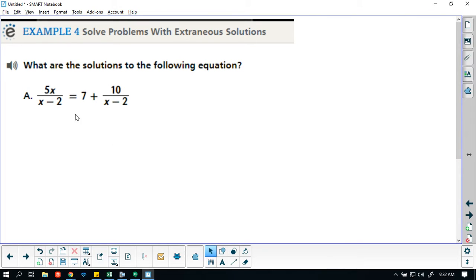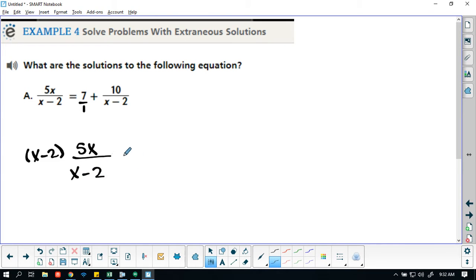So looking at my denominator, I have the same denominator on these two rational expressions, and the denominator in this one expression is 1. So I'm going to multiply that common denominator across the board, just like we did in the last example. 7 times x minus 2 plus 10 over x minus 2 times x minus 2.